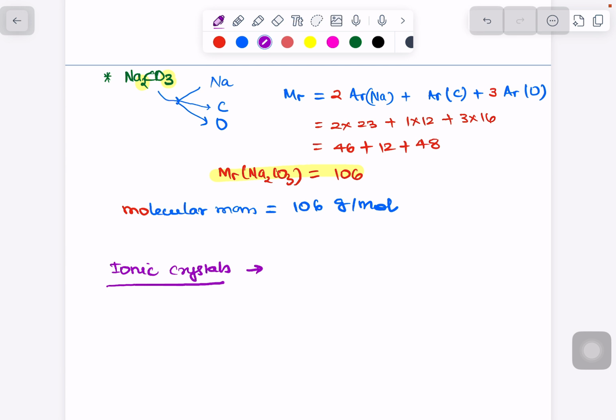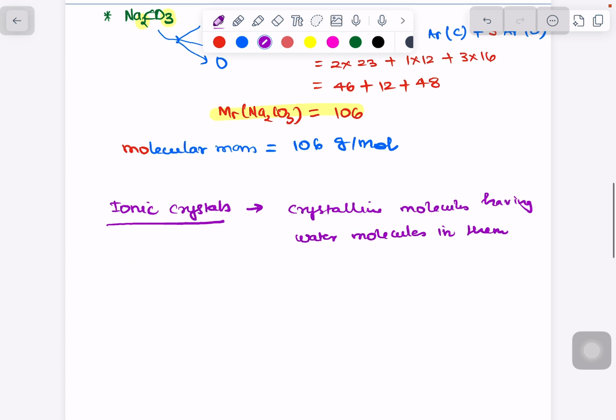Ionic crystals are crystalline molecules having water molecules in them. For example, copper sulfate crystals, CuSO4.5H2O, copper sulfate crystals.